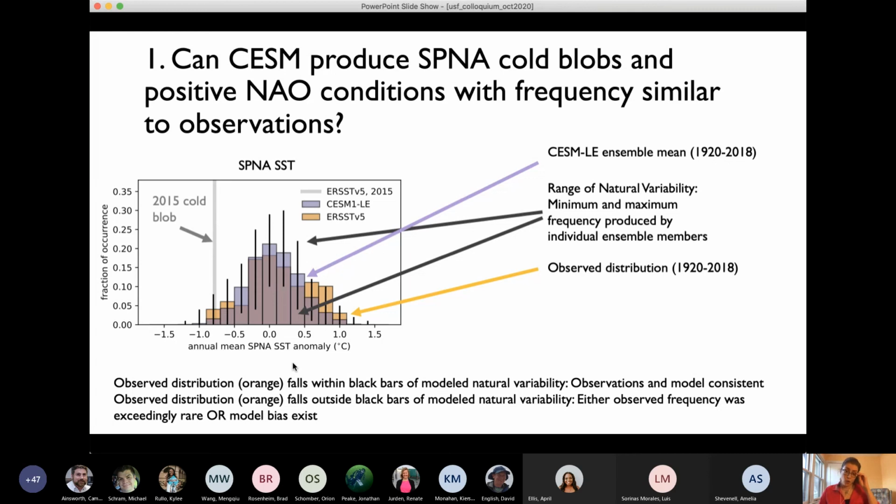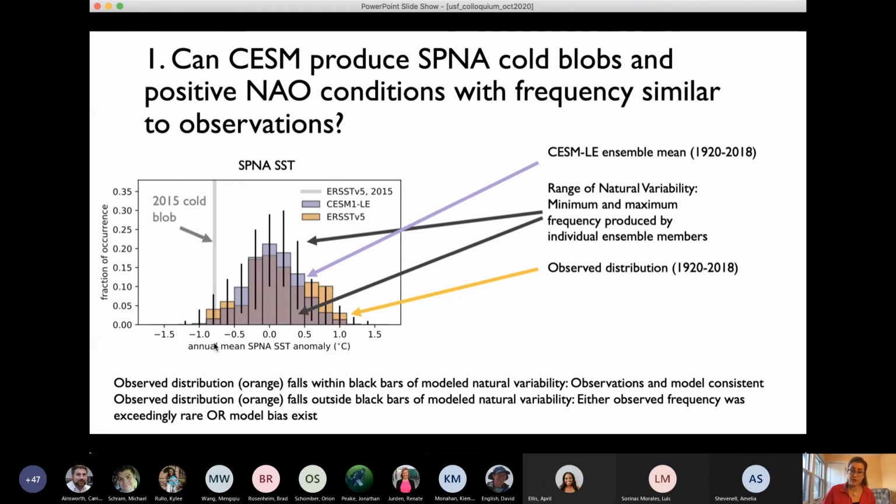One is that what occurred in observations was quite rare, more rare than you could have modeled in 40 ensemble members, or that the model has a bias, that something is deficient in either the structure of the model or something like that.